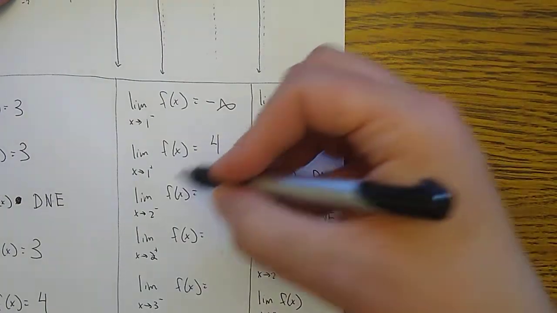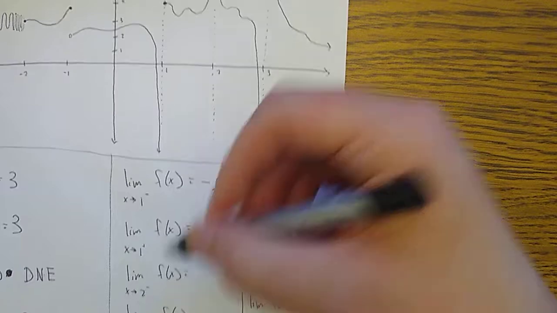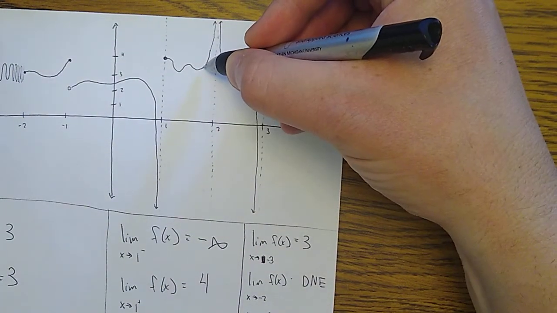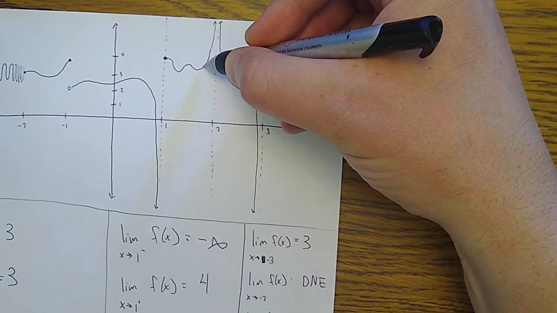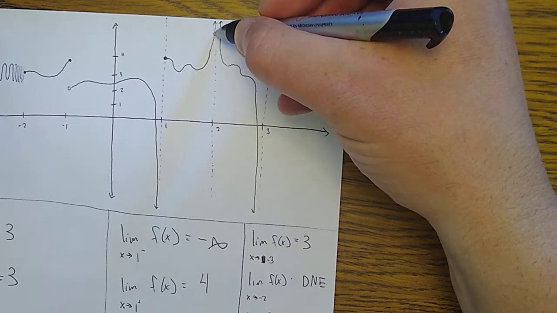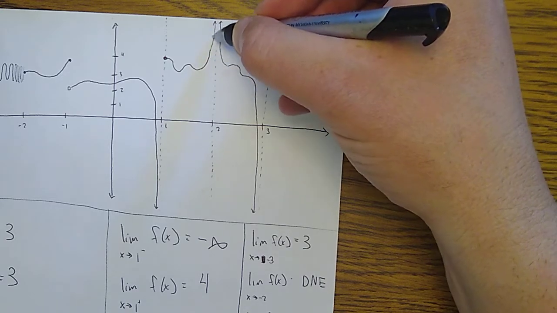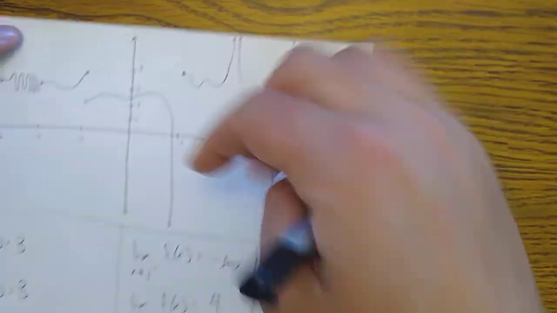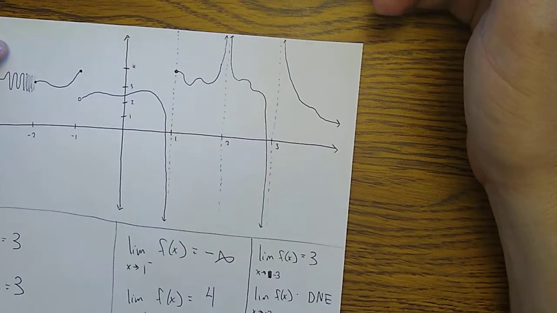Okay, so moving on, let's do 2 from the left. So here's a value of x that's slightly to the left of 2, and I'll slowly move my pen to the right, and I find myself going up and up and up. So I'm going to write +infinity. This is just like -infinity, except instead of going down, we went up.